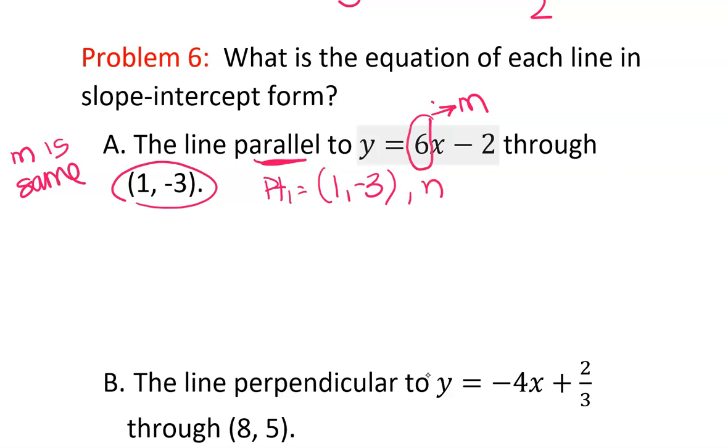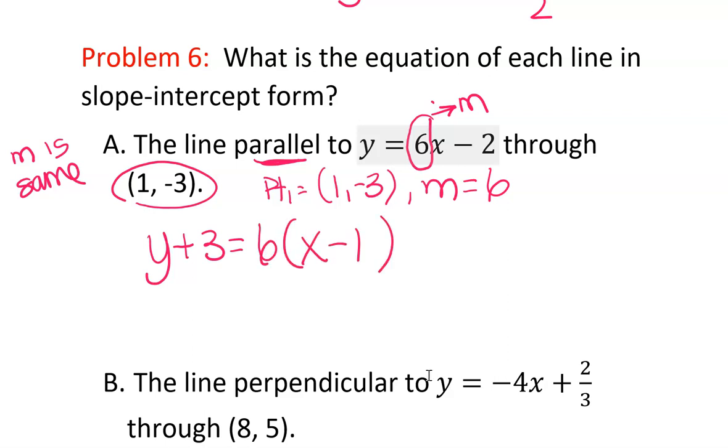So we go right back to that question that we had at the beginning of this lesson. y minus y1, which is -3, so it'll change the sign, equals 6 times x minus 1. Now this time they don't want just a random equation. They want it in slope-intercept form.